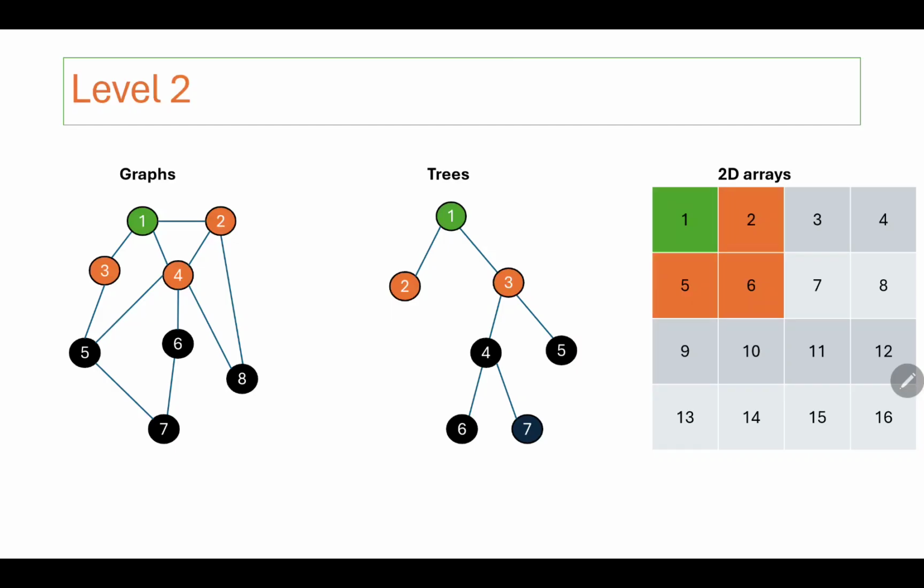On the tree, 2 and 3, and on the 2D array, all adjacent cells to cell 1. Then your level 3 is going to be everything connected to your level 2. So right here, we have the level 3 items or nodes, which are the ones reachable from your level 2. It continues like this to the entire graph.